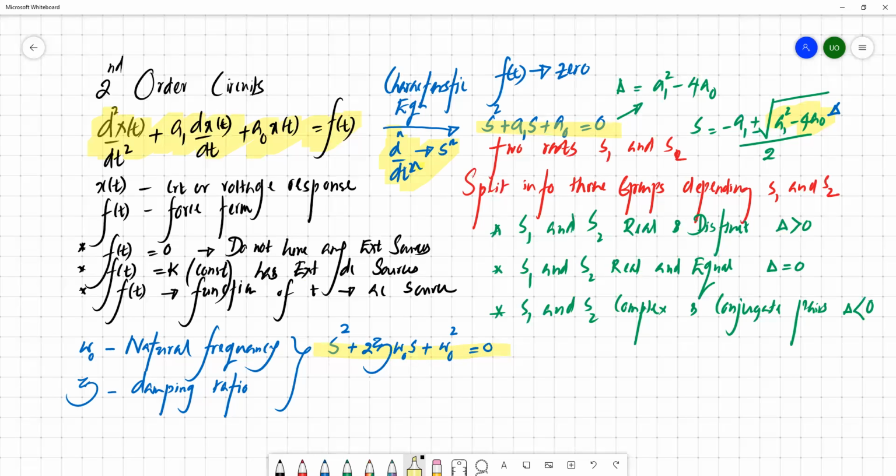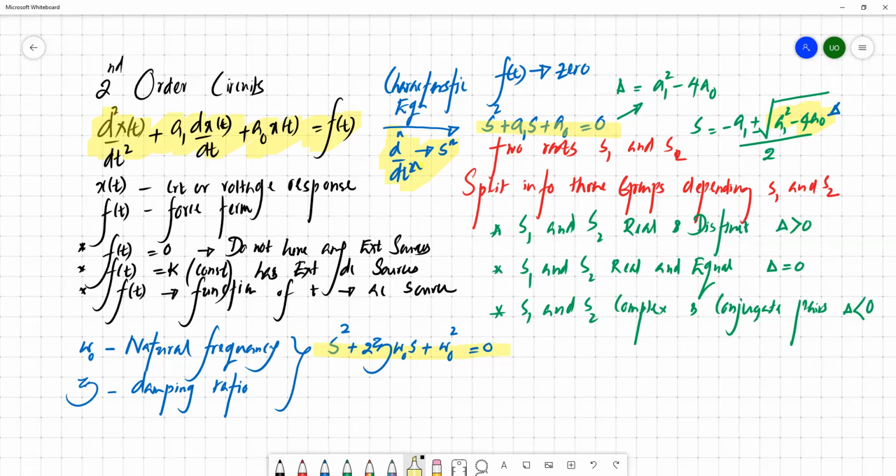If you remember the previous example, these a1 and a naught, and even f(t), are functions of R, L, C and the sources we connect to the circuit. And again, we can build the same characteristic equation in the form of omega naught and zeta, the natural frequency and the damping ratio.